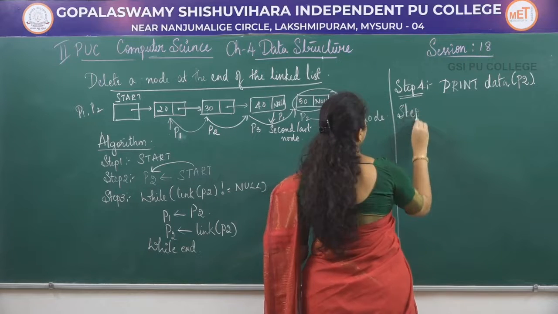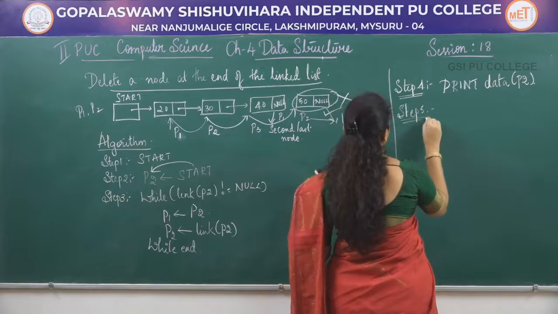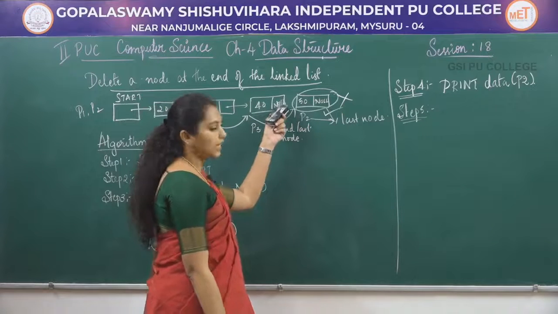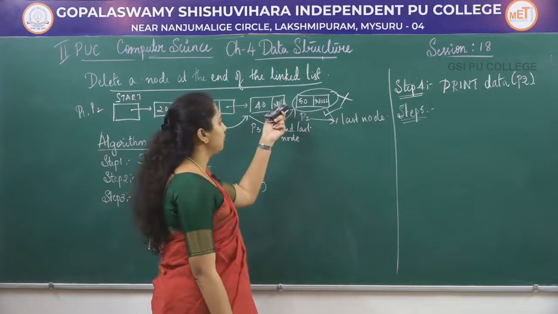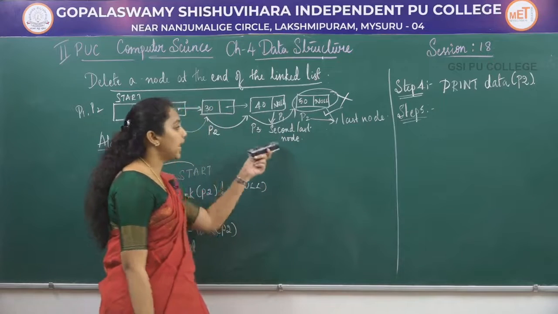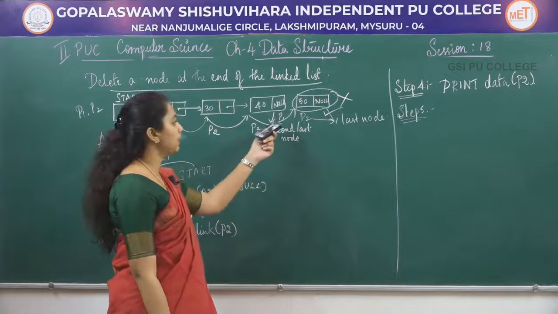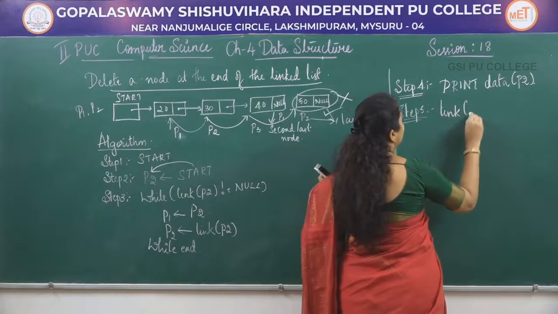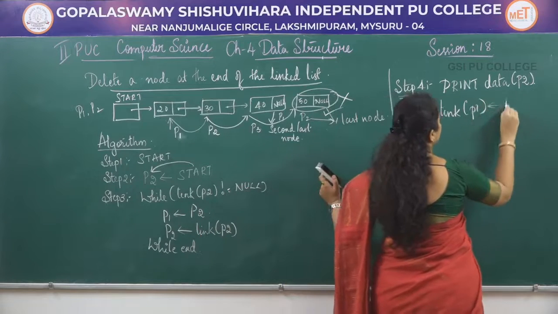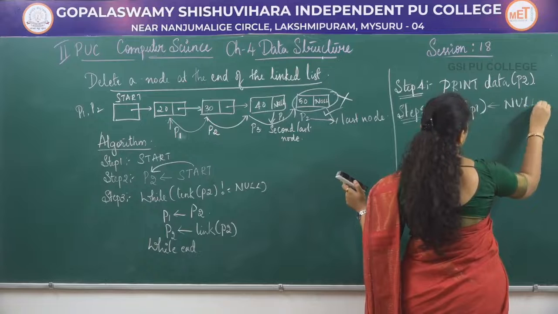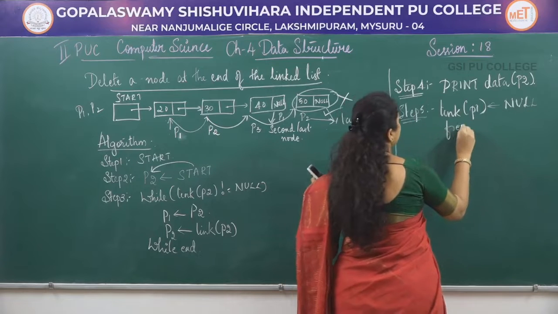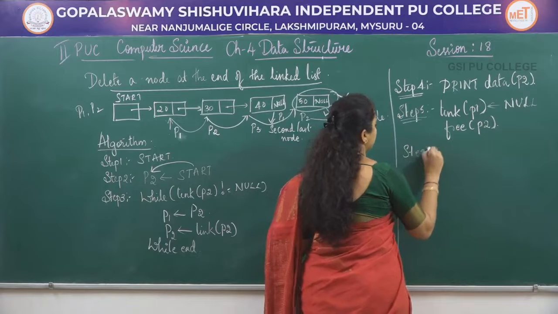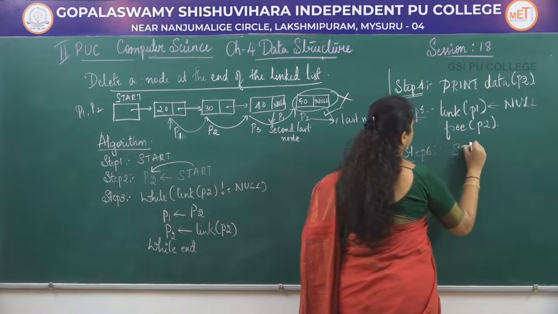In step 5, we fill null in the link field of the second last node, which is nothing but P1. That is, link of P1 is going to be null. Free P2. Step 6, stop.